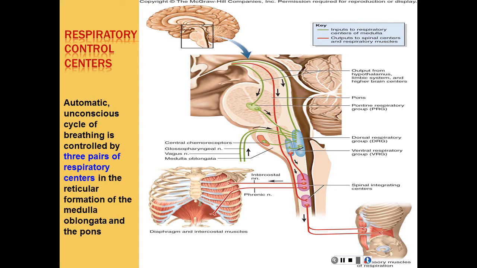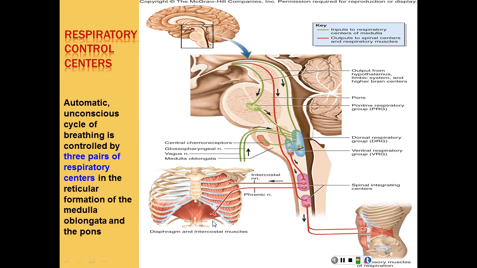Now, in quiet breathing, which is eupnea, the I, or the inspiratory neurons, fire about 2 seconds at a time. Output travels by way of the phrenic and the intercostal nerves. Here we have it firing out into the intercostal and our phrenic nerves.